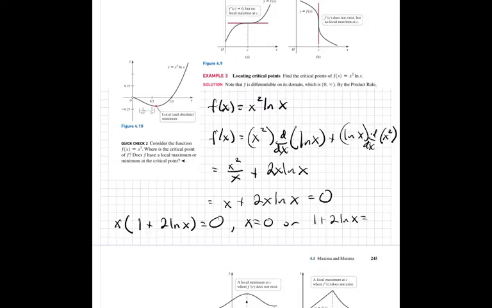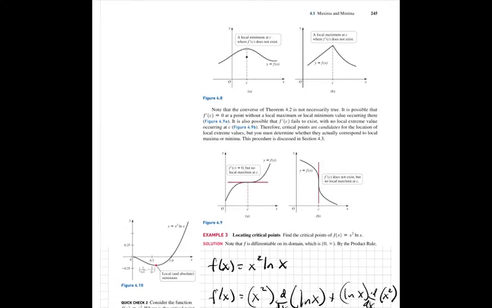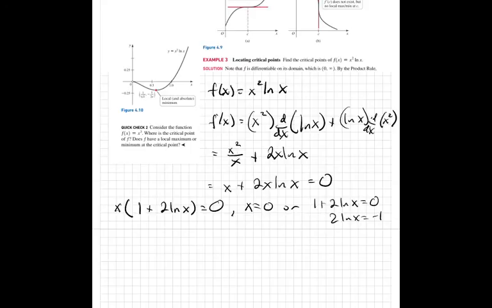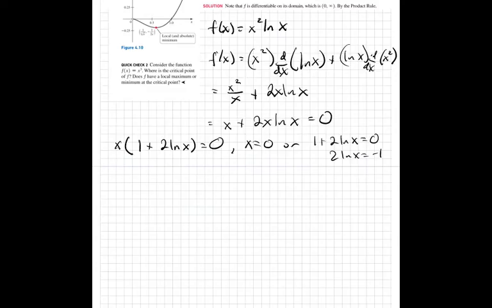If we solve that, 2 log x equals negative 1, and then the natural log of x equals negative 1/2. To solve, we raise e to both sides. So x is going to be e to the negative 1/2.